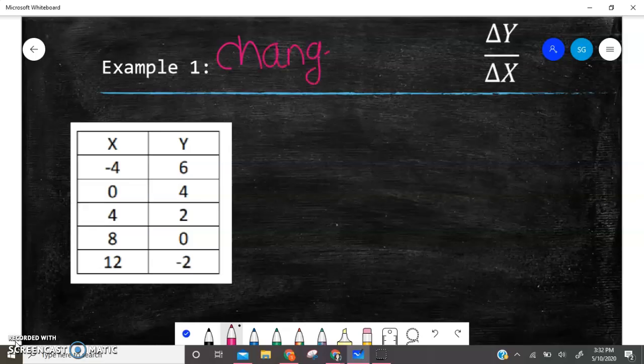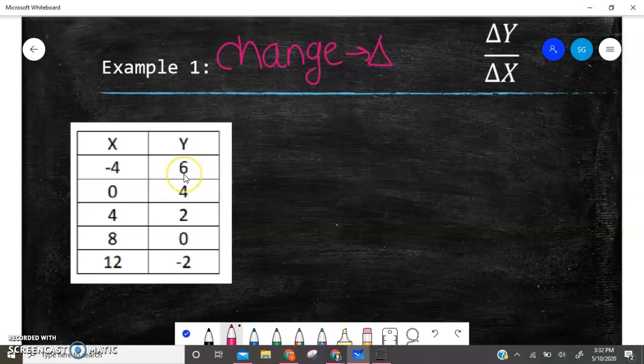So anytime that you see a triangle, it's letting you know that we're looking for the change. So we're trying to find the change in y, and we're going to put that over the ratio for change in x, just like we did with graphs. Rise over run was y over x, the change in y over the change in x.